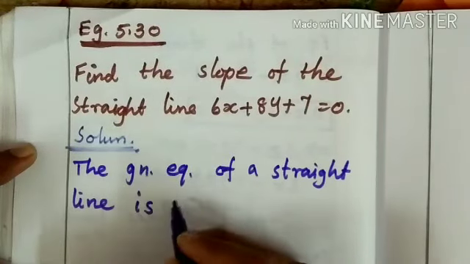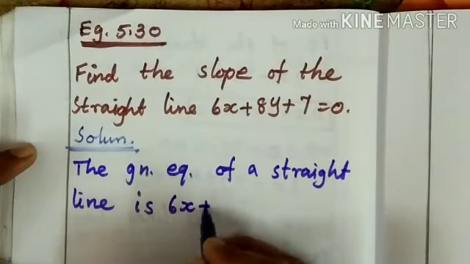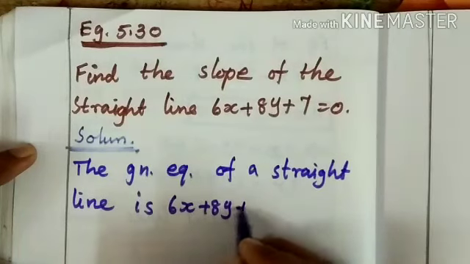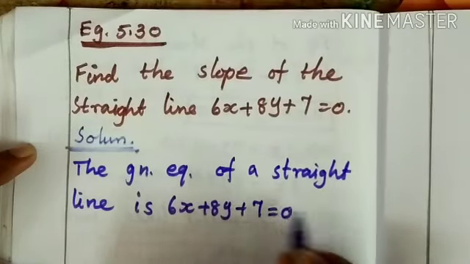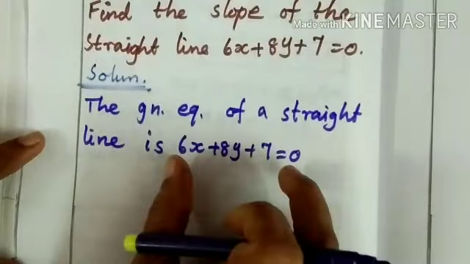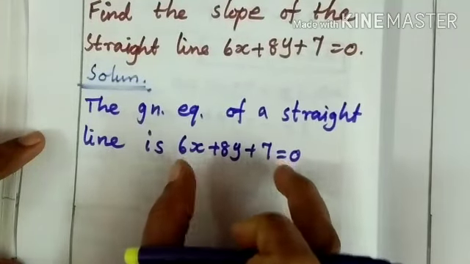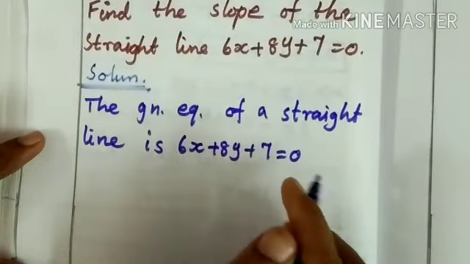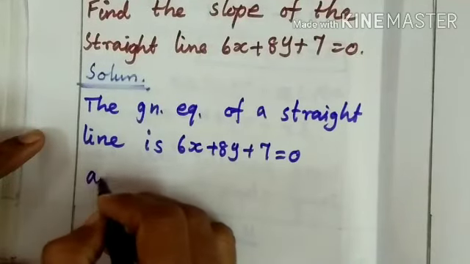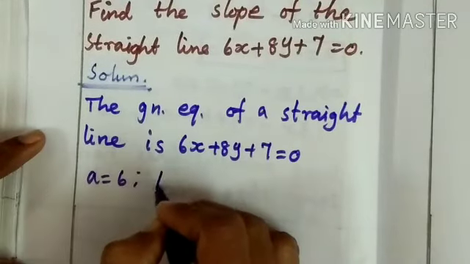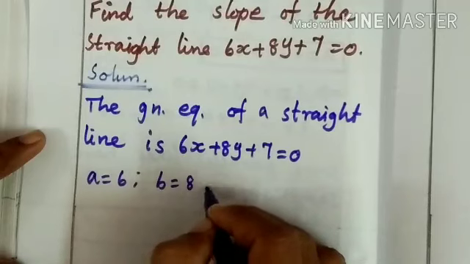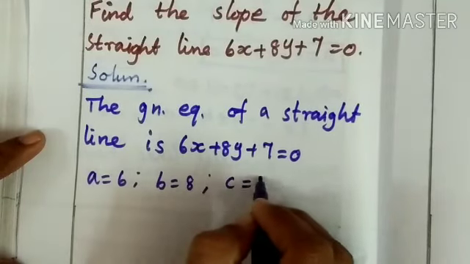The given equation of the straight line is 6x plus 8y plus 7 is equal to 0. It is in the form ax plus by plus c is equal to 0. Therefore, here a is equal to 6, b is equal to 8 and c is equal to 7.